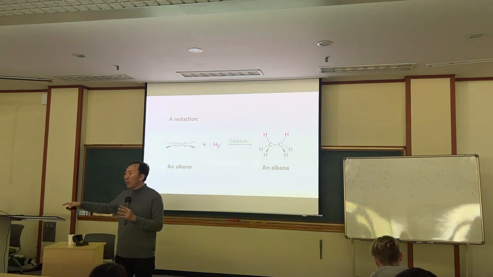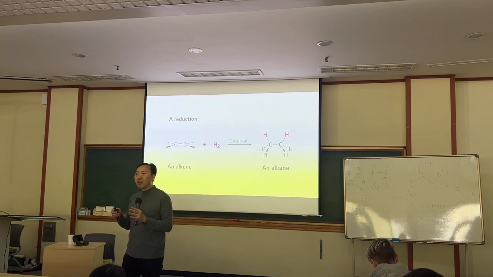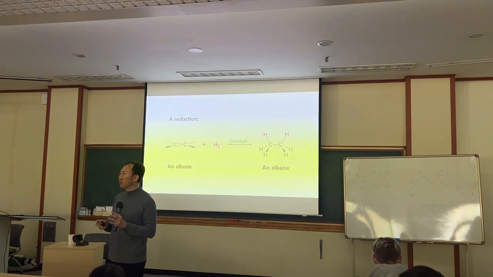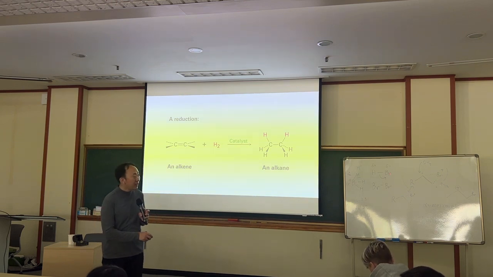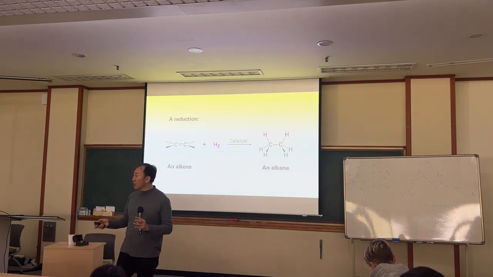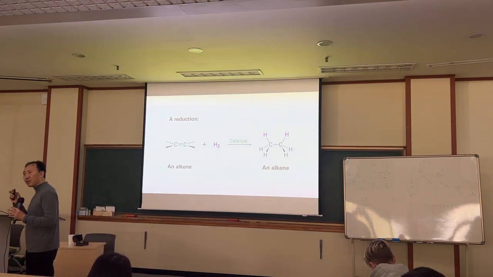H minus would come back and attack. Maybe you can draw that mechanism, but you should remember that H minus is very unstable. In a sense, H minus is very reactive. Br minus is quite stable. Usually, the H source we see in aqueous media is H plus. H plus is much more common and more stable. H minus is very exceptional.